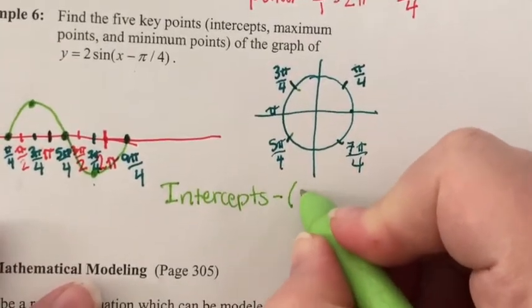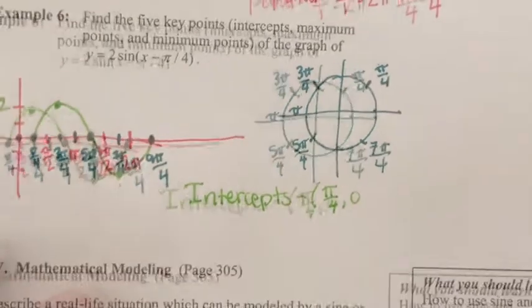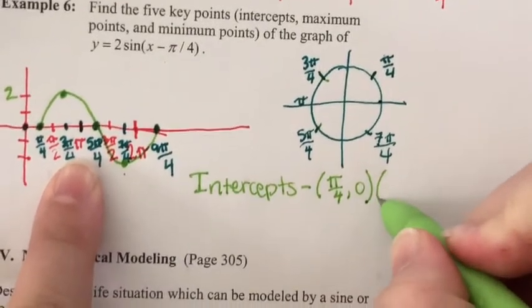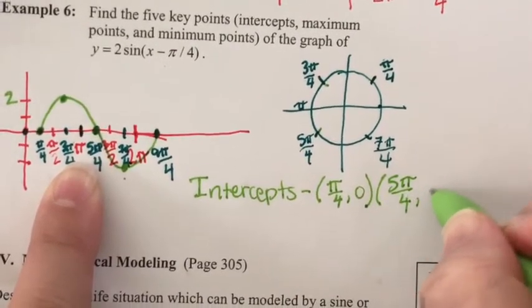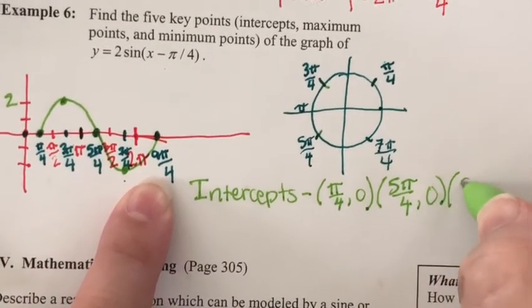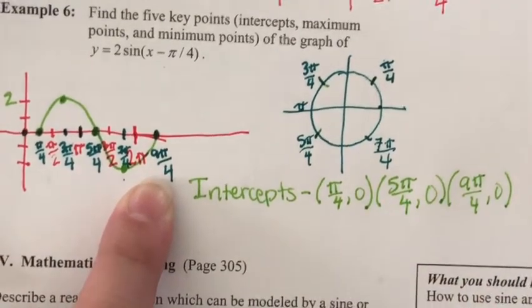Okay, so the intercepts. We have one at pi fourths, 0. So that's one intercept. Looking at here, I can see the other one is at 5 pi fourths and 0. And the last one is at 9 pi fourths, 0. So those are our intercepts.